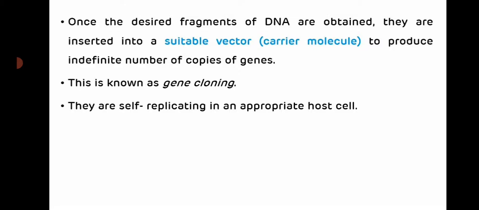So, this is known as gene cloning. Gene cloning means what? Production of indefinite number of copies of genes is called gene cloning. The carrier molecules or vectors are self-replicating in an appropriate host cell.